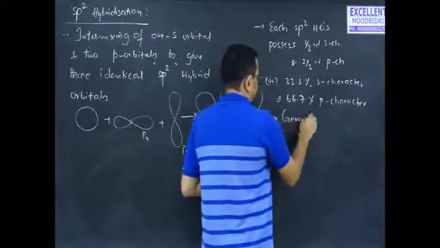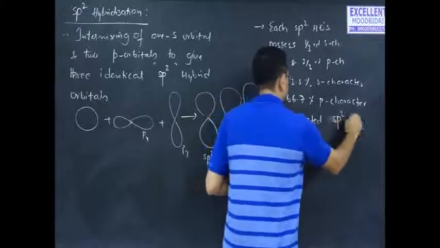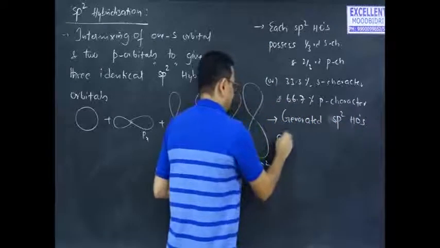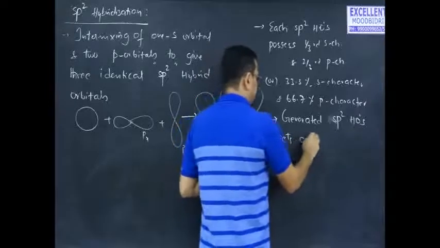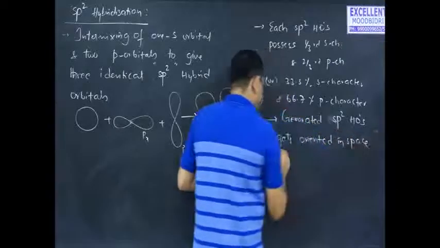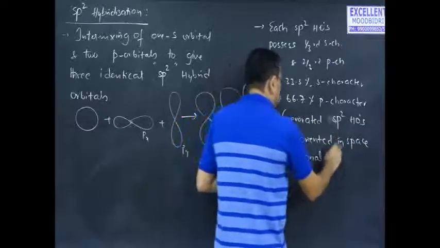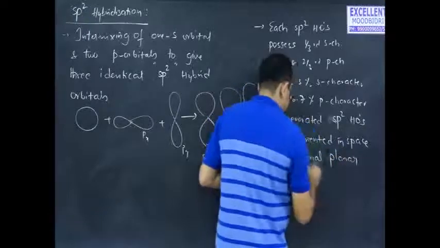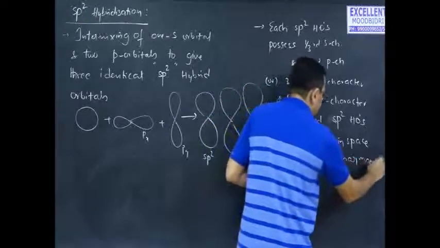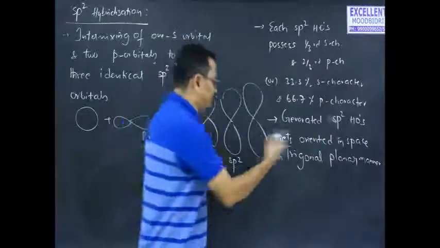Now, our next point is, after getting generated, how these hybrid orbitals will be arranged in three-dimensional space. The generated sp2 hybrid orbitals get oriented in space in a trigonal planar manner. Trigonal planar means on a plane in the form of a triangle.